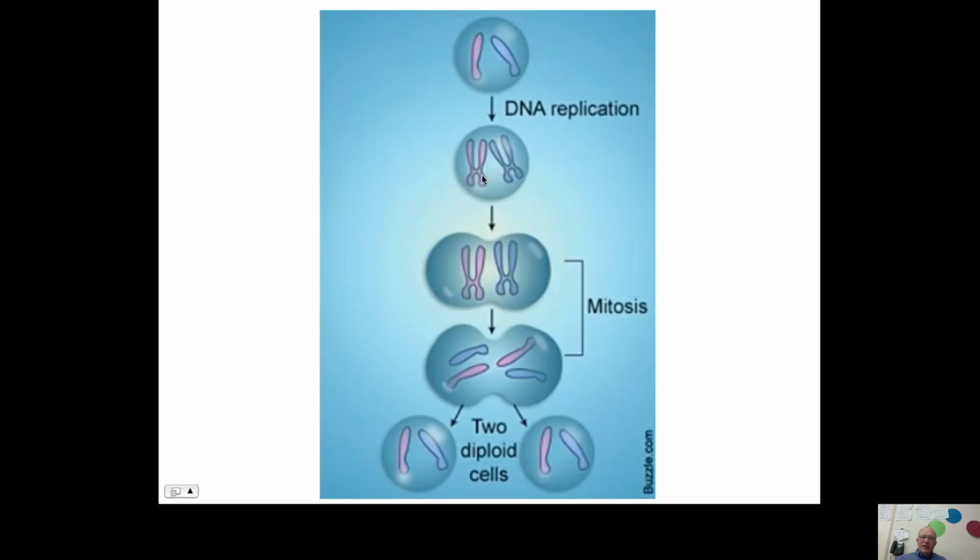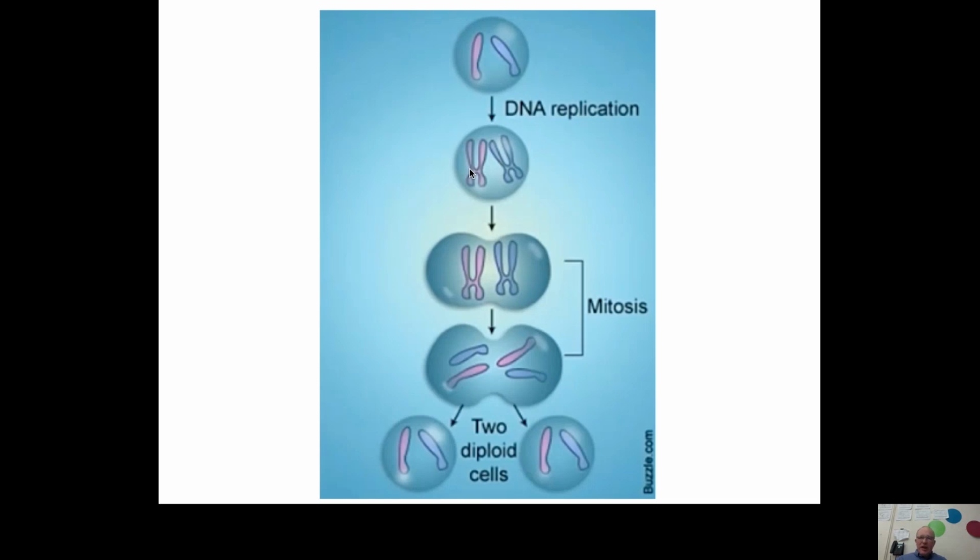Another term here is the centromere. That connects these two chromatids, and chromatid is just another word for a copy of a chromosome. They split during metaphase.